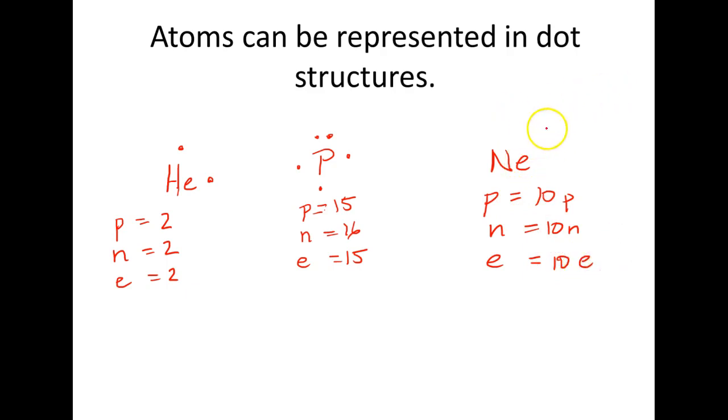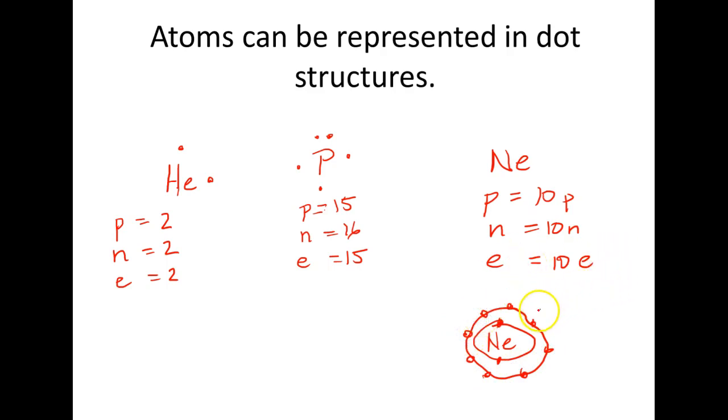So how would we draw that? The first thing I like to do is draw the Bohr diagram. So neon, remember the first shell can only hold 2, so now I have 2 of my 10, and the last shell can hold up to 8. 1, 2, 3, 4, 5, 6, 7, 8.